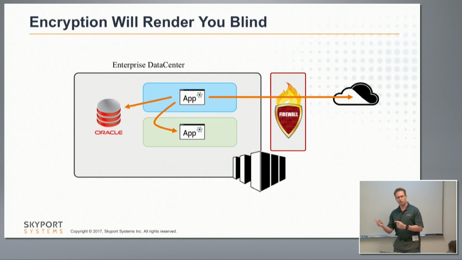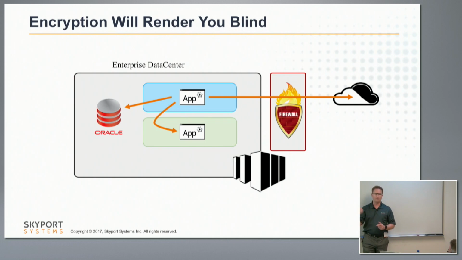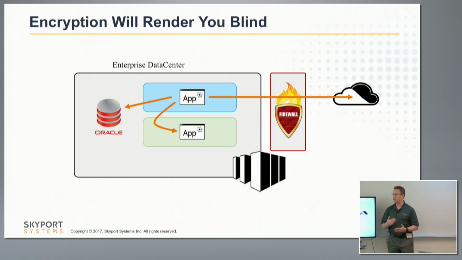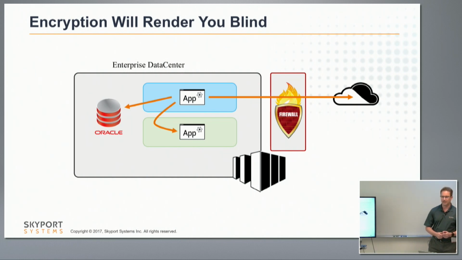So maybe you're going to try to start looking at the certificate that comes back and do policy on that. All right, great. Well, the problem is TLS 1.3, the successor to SSL, has now sped up the encryption algorithm. And now, as soon as you establish a connection out, everything coming back from the service is encrypted, including the certificate, which means you see nothing that comes back from the service. That's ungood.